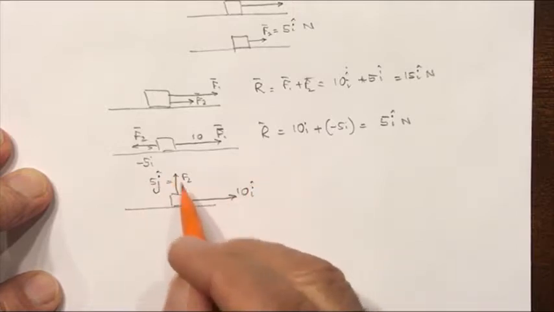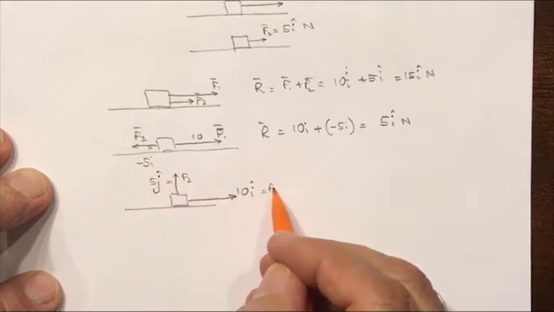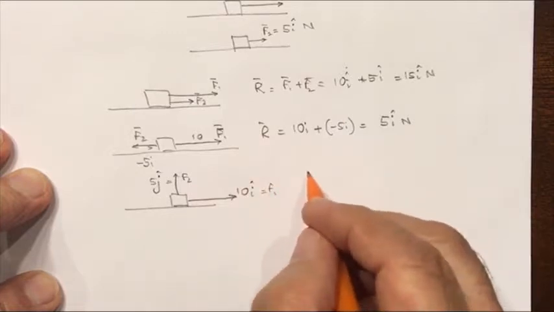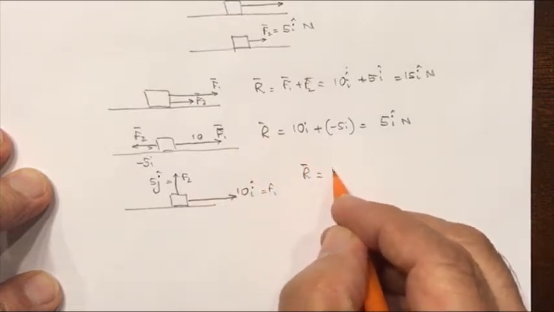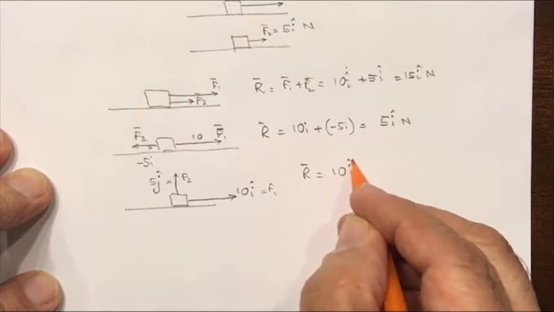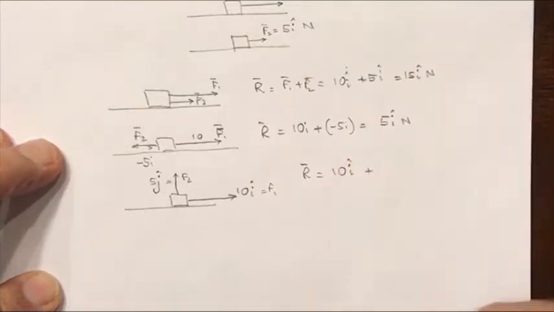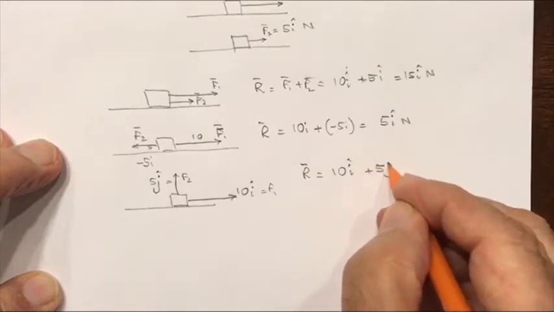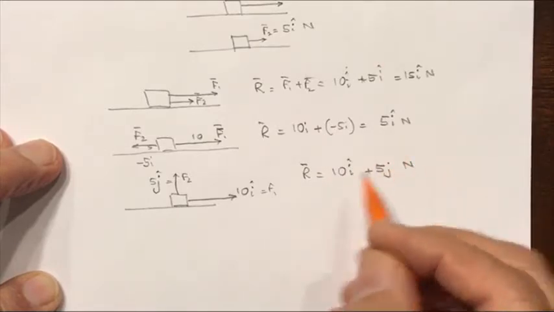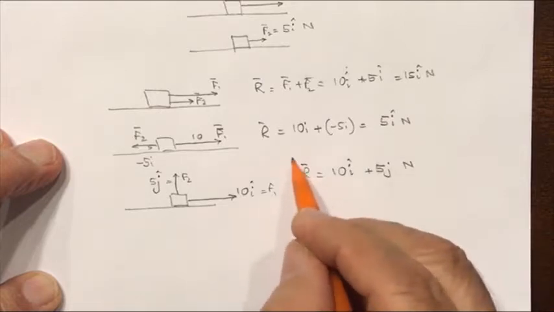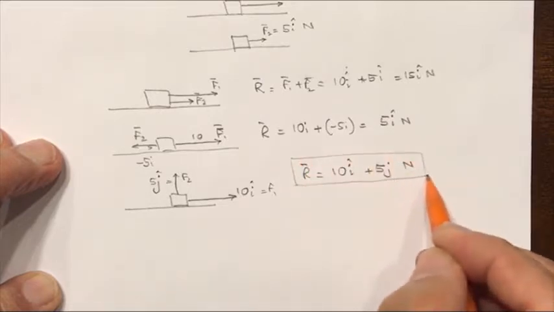And it will. The two forces will add up to create a resultant force, and the resultant force is going to be F1 plus F2, which is 10i plus 5j, and that is the resultant force, which is a complete description of the resultant force.